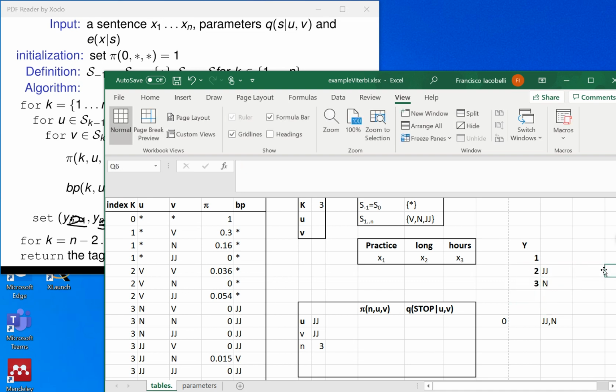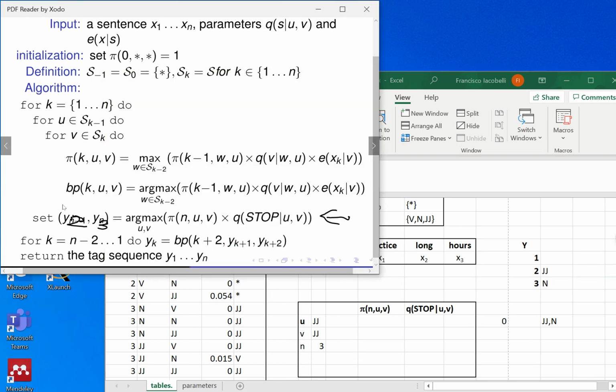Now what we're going to do next is loop through all the remaining values of k, starting with n minus 2, which in our case, because we only have 3 words, is the value 1. So it's just going to be 1 to 1. We're going to do y sub k, which will be y sub 1.